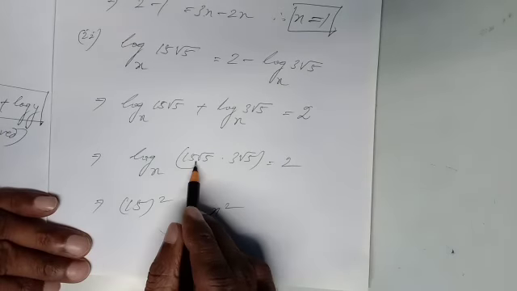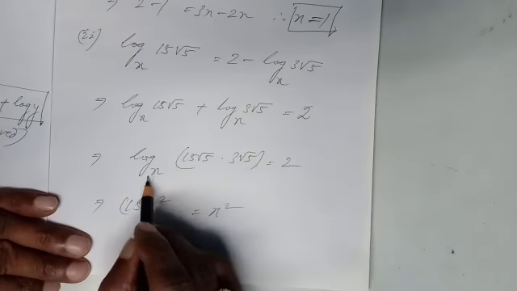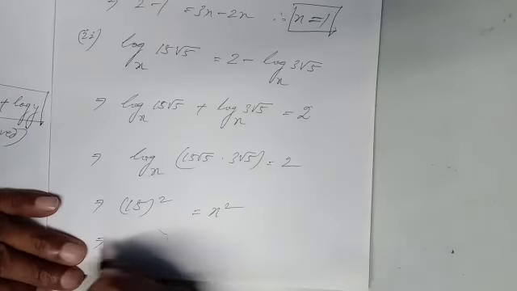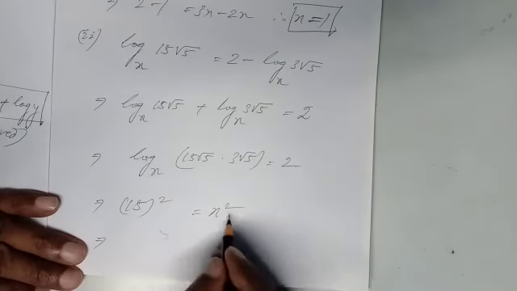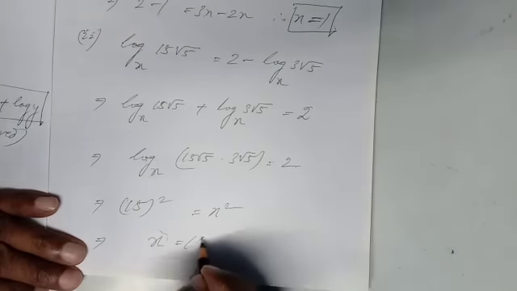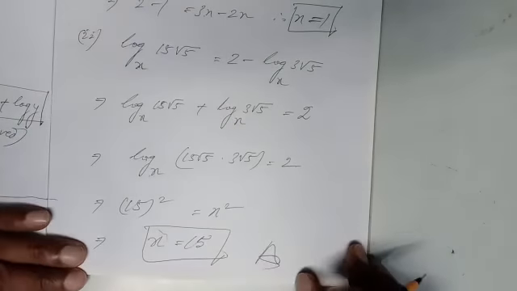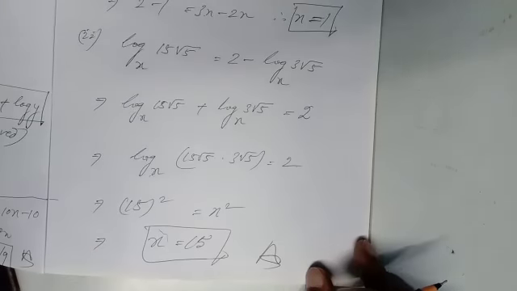Log of 15 whole square base x equal to 2, that means this is the base and this is the power: x square is equal to this one. Now comparing both sides, 15 whole square equal to x square, that means x will be how much? x is equal to 15. Okay, this is the process that I have applied here.